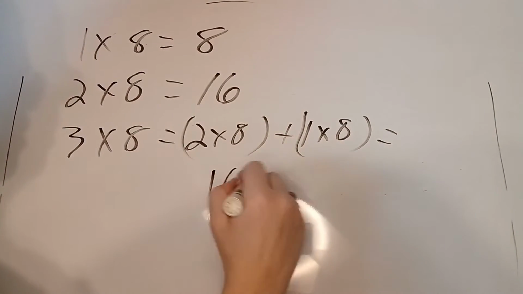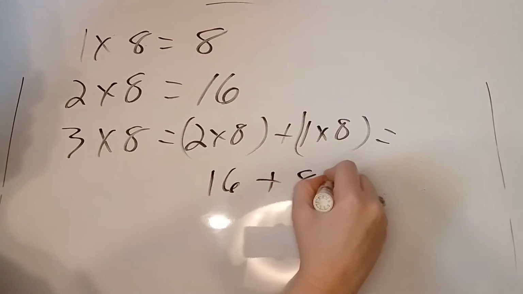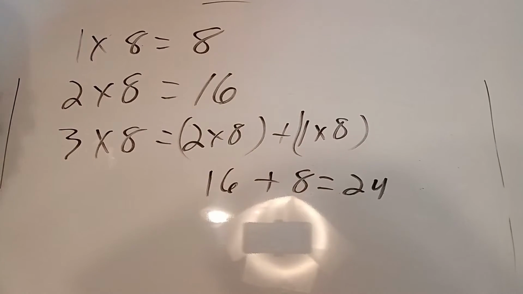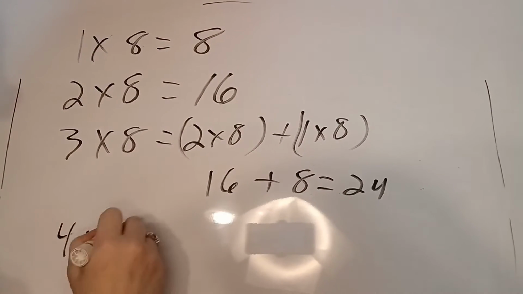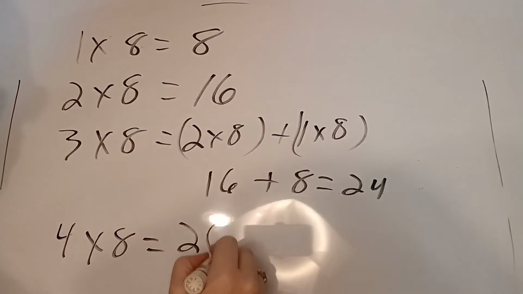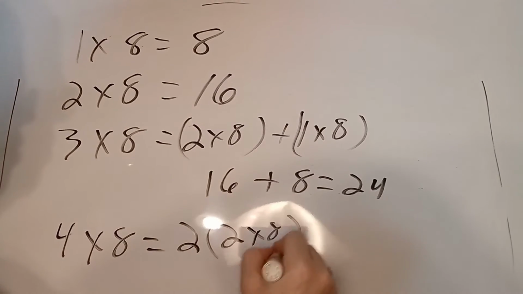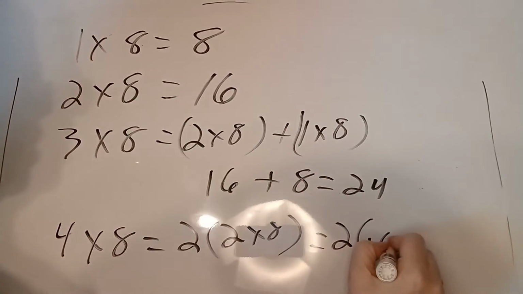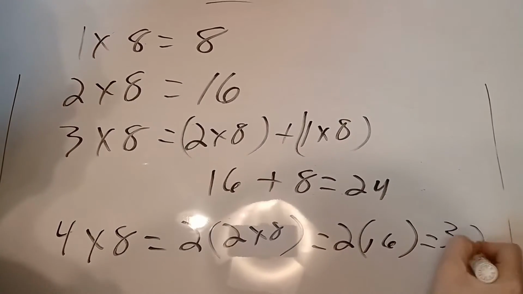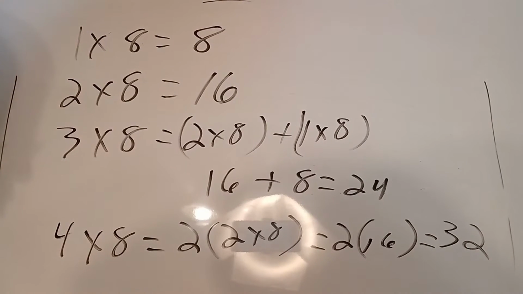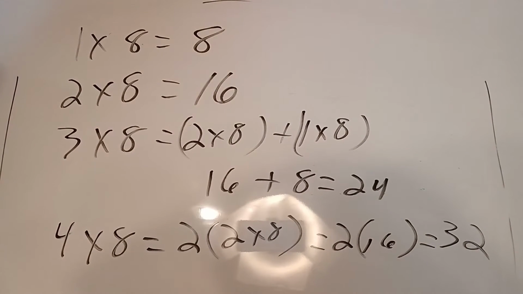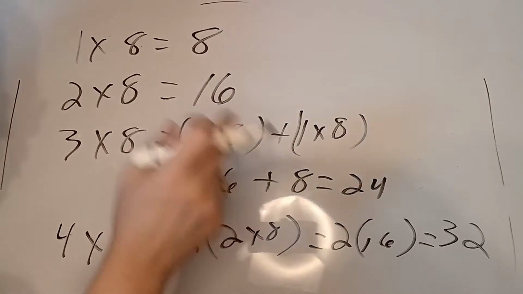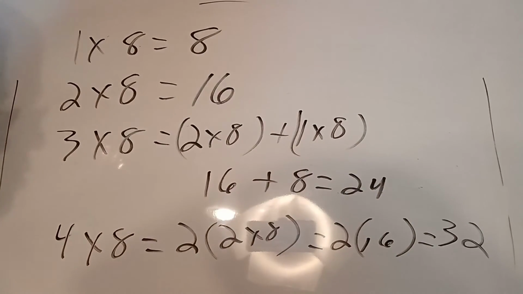That's 16 plus 8 is 24. 4 times 8 is 2 times 2 times 8. So it's 2 times 16, which gives us 32. Okay, now I haven't done anything more than multiply by 2 at this point. Multiply by 2 and add.